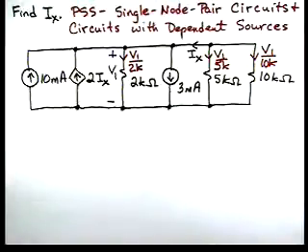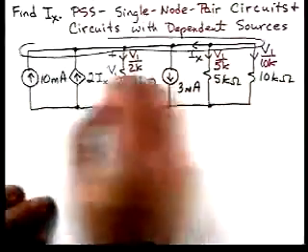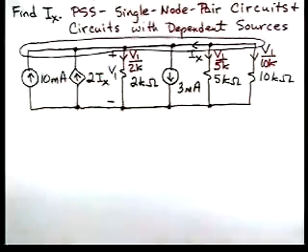Now we have one unknown voltage V1. We're going to apply KCL at one of the two nodes to come up with that equation, and I'm going to use the top node. Okay, and let's sum currents leaving that node and set it equal to 0.